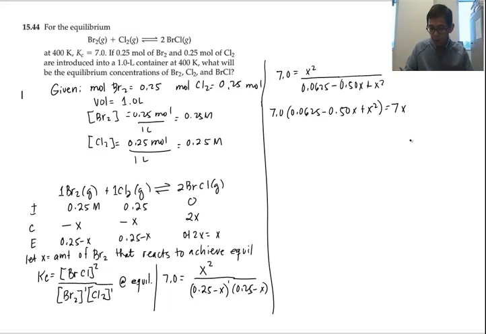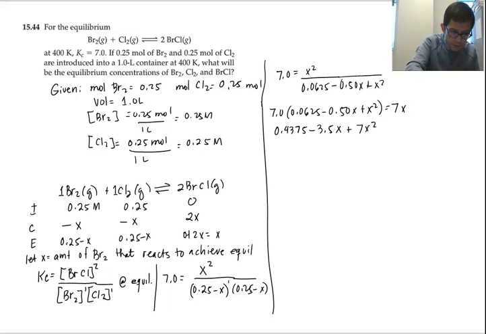Okay, so you distribute. That becomes 0.4375 minus 3.5x plus 7x squared is equal to 4x squared.